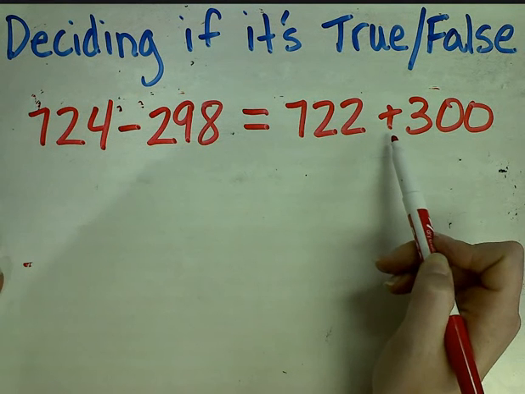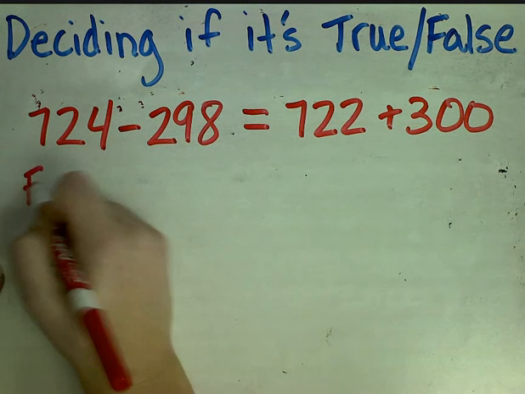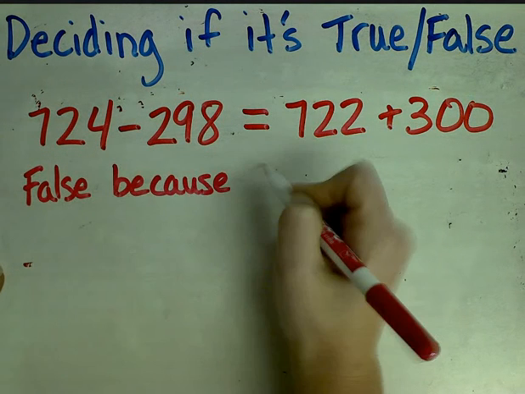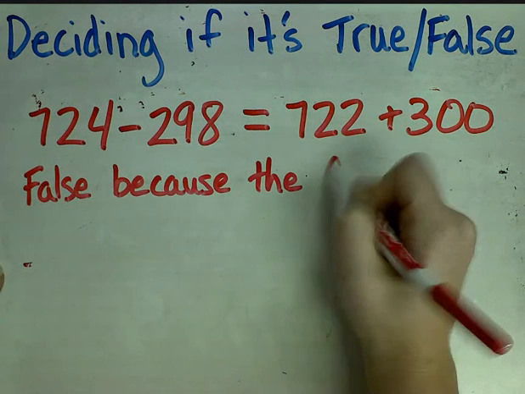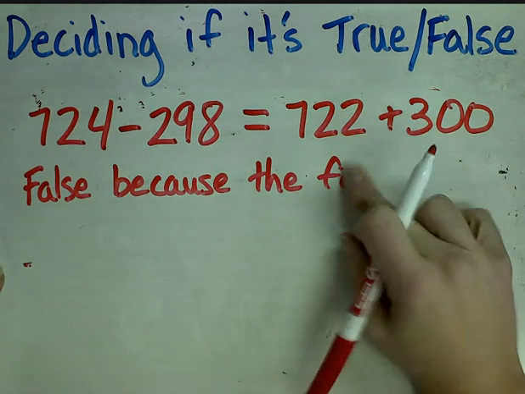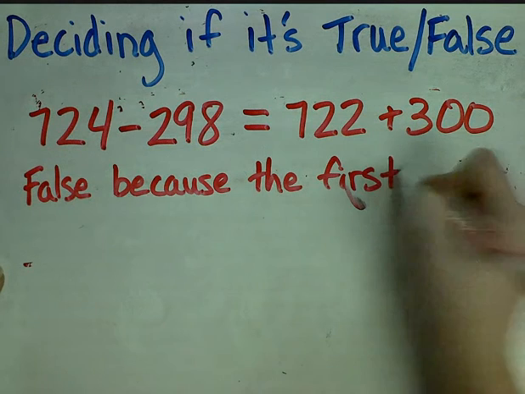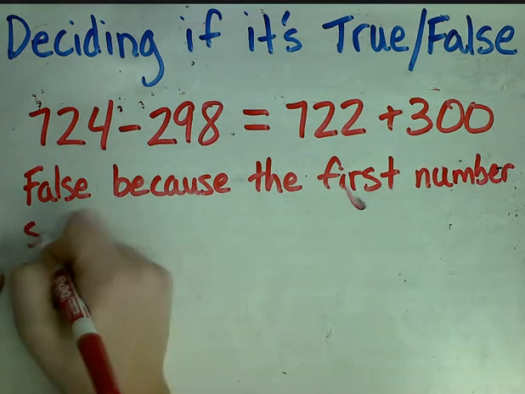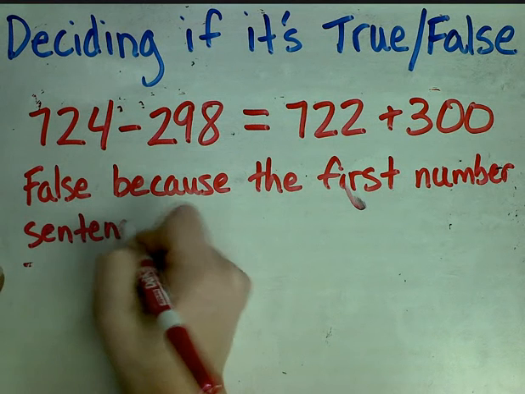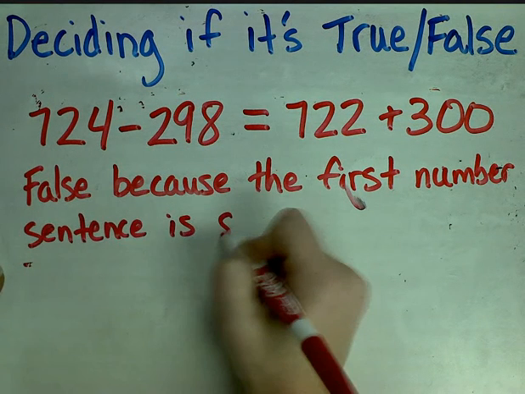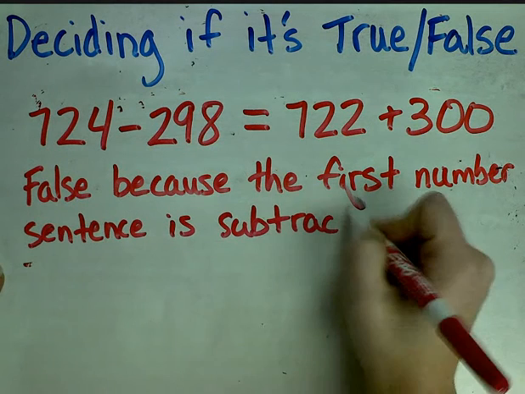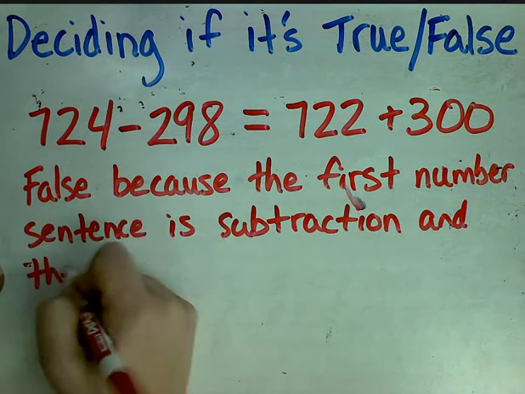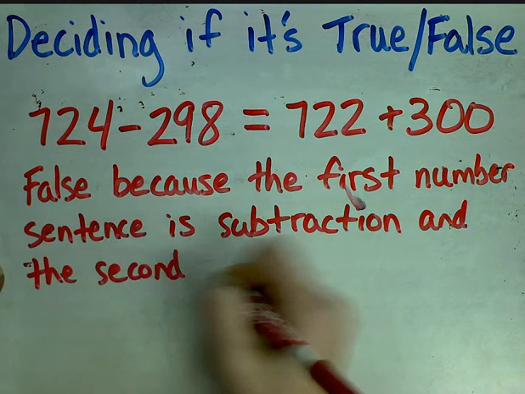And so they could write false because the first number sentence is subtraction and the second number sentence is addition.